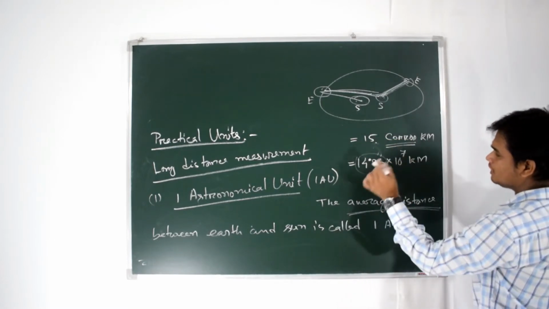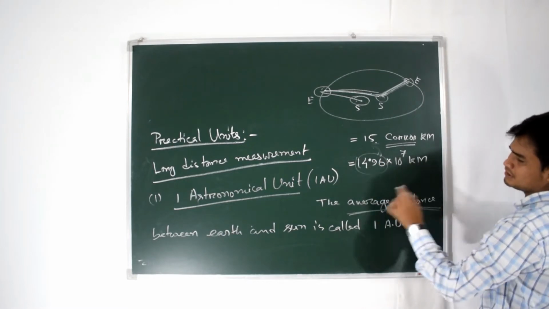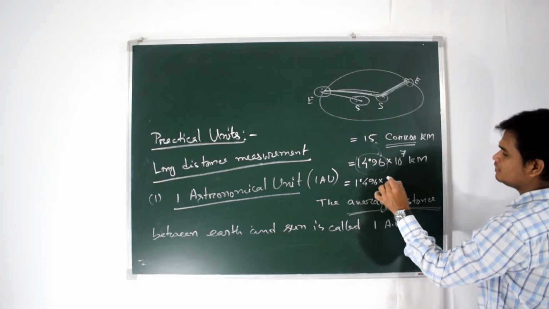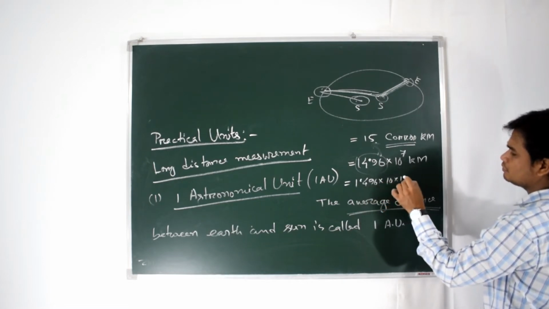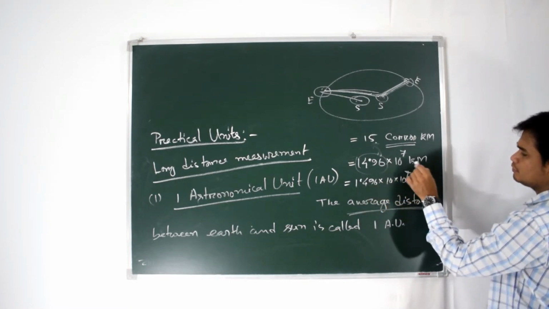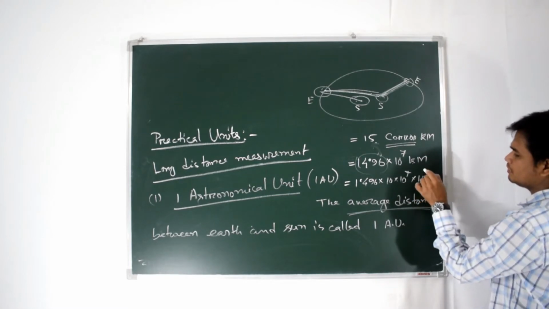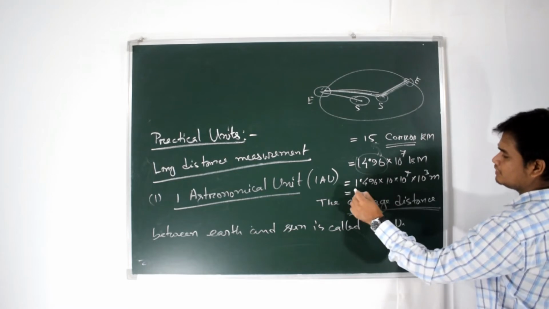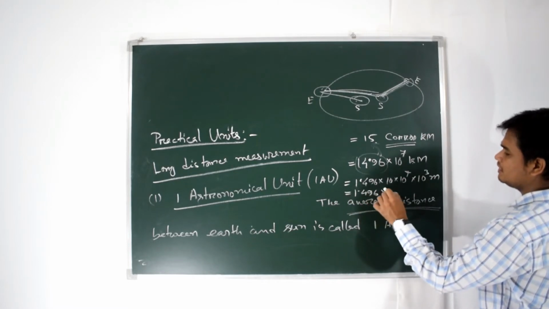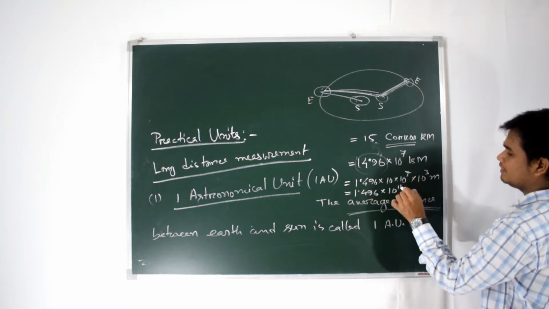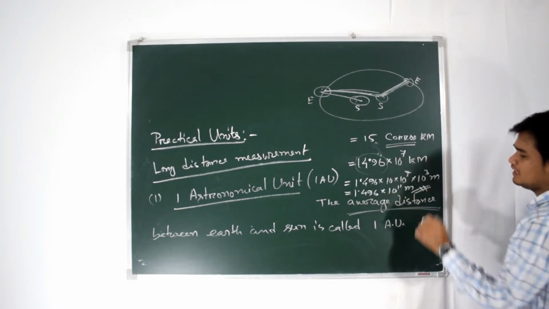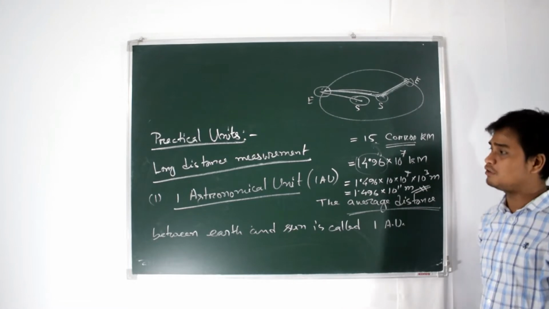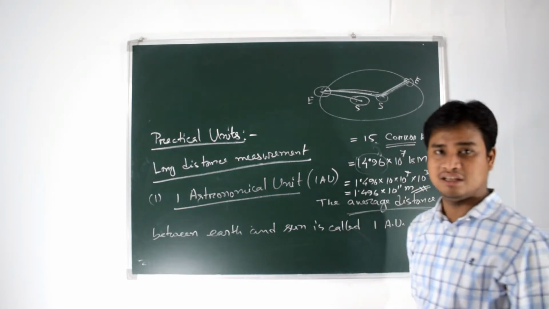So 1.496 into 10 to the power 8 kilometer, and kilometer means 10 to the power 3 meter. So its value is 1.496 into 10 to the power 11 meter. This is the average distance between Earth and Sun, which is called 1 astronomical unit.